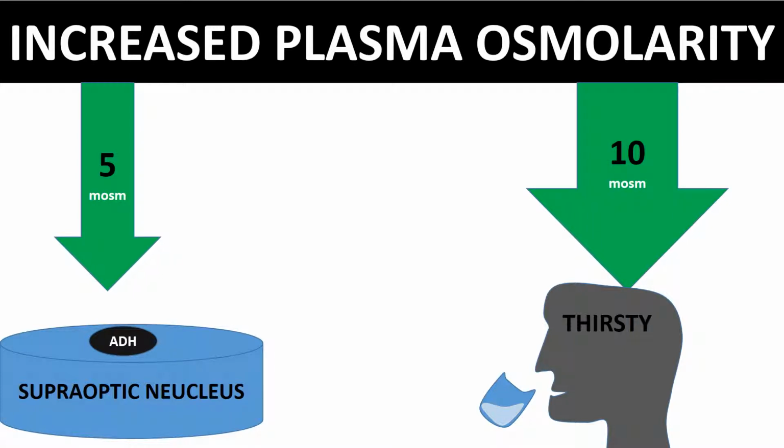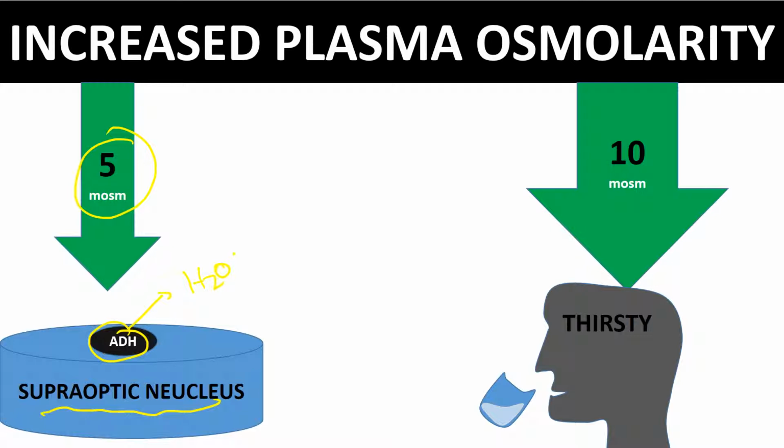Now, an increase in the plasma osmolarity will normally be controlled by the body by two mechanisms. When the increase in the osmolarity is not very high, if the increase is only about 5 milliosmoles, the patient will not be noticing the change in the osmolarity, but the patient will be subconsciously stimulated in the supraoptic nucleus, which will be responsible for the secretion of ADH, and this ADH will go to the kidney and cause absorption of only the water, not the sodium.